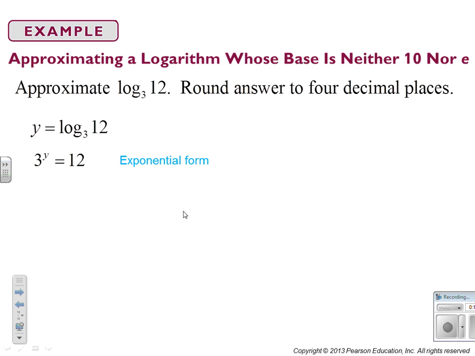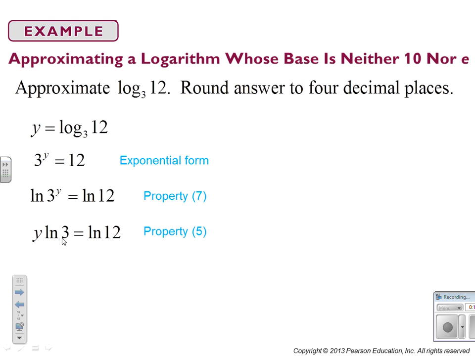And you go, that's base 3 of y, so 3 to the y power equals 12. And then I can take the natural log of both sides, because when you take the log of something and it has an exponent, you can go ahead and move that exponent out front.